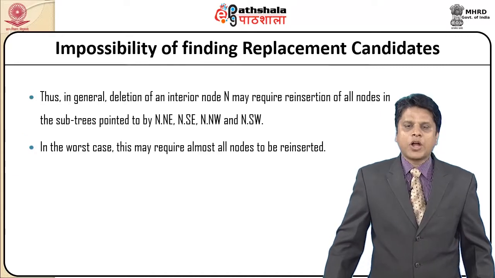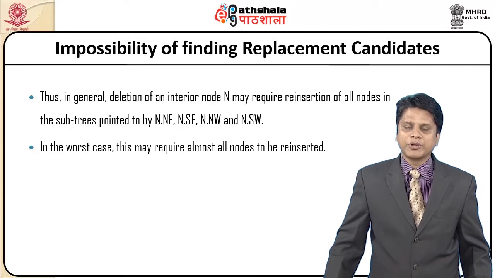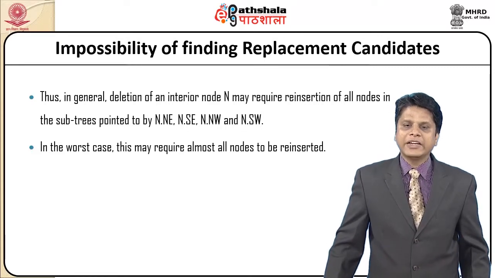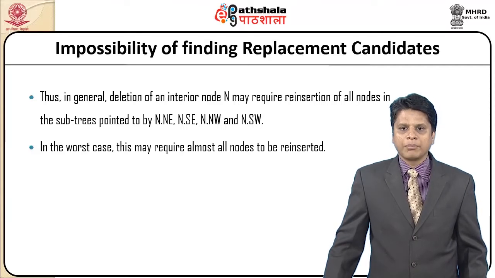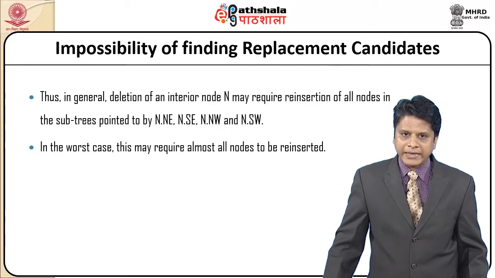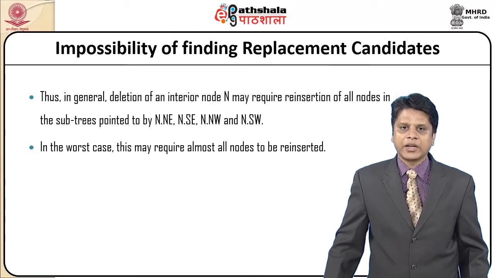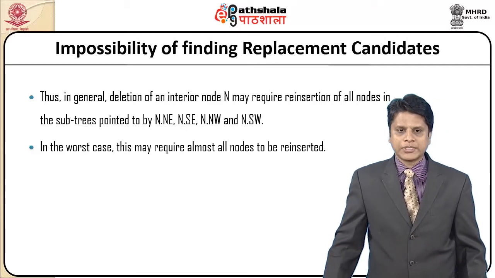If I am not able to find an appropriate replacement node, then it is impossible to find a replacement candidate. Thus, in general, deletion of an interior node n may require reinsertion of all nodes in the subtrees pointed to by n dot ne, n dot se, n dot nw and n dot sw.